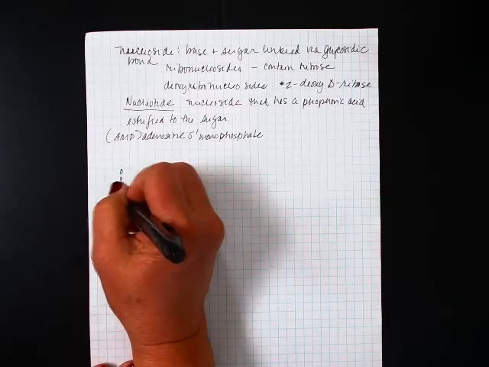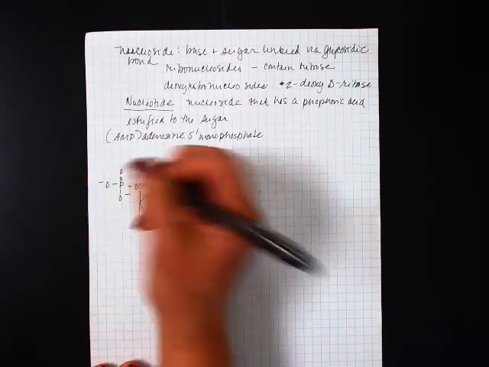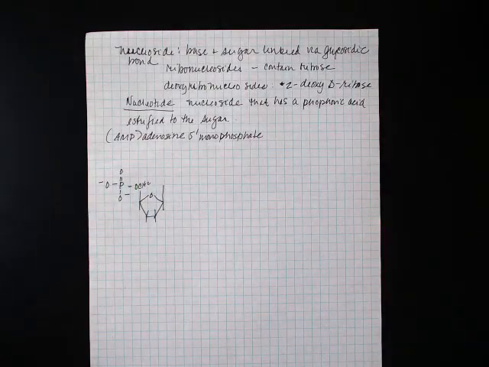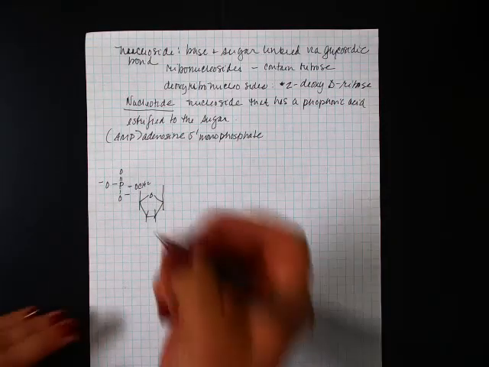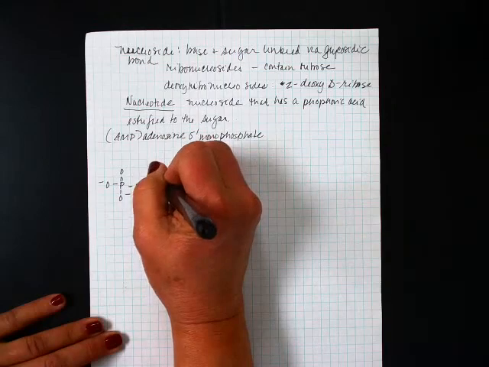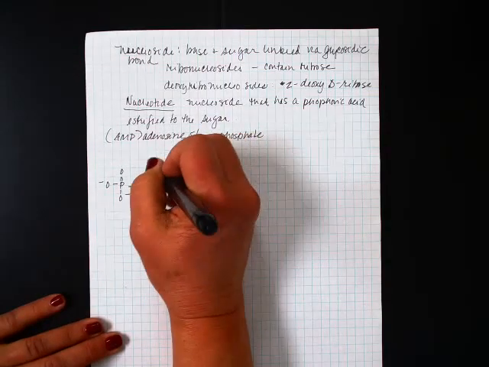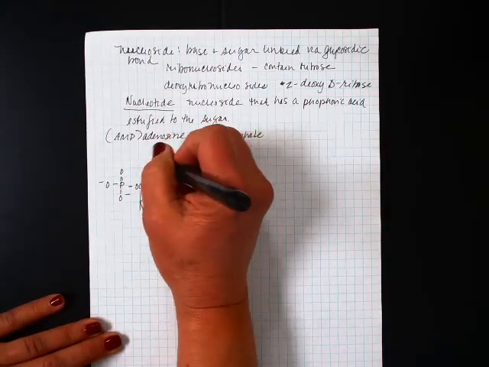So we have 2 negative charges on this molecule. Make that a little longer. And here's the point of, oops, that's an N, sorry.